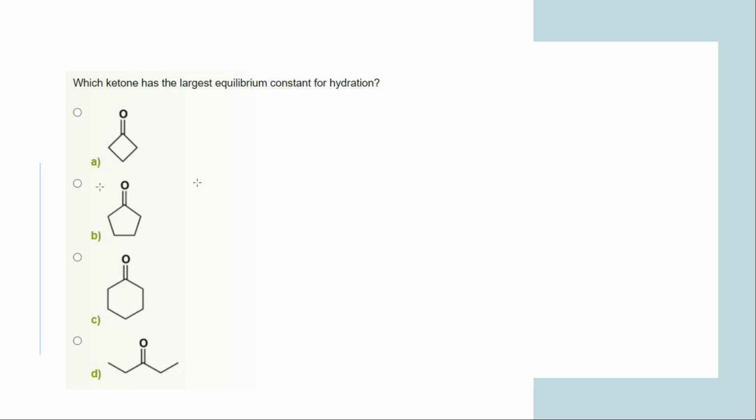When it comes to option A, you have this four-membered cyclobutanone, and as you may already know, 3- and 4-membered cycles are the most strained cycles of all organic compounds.